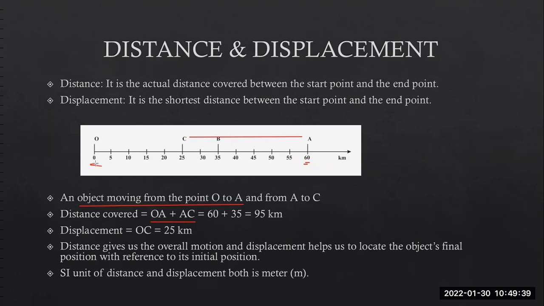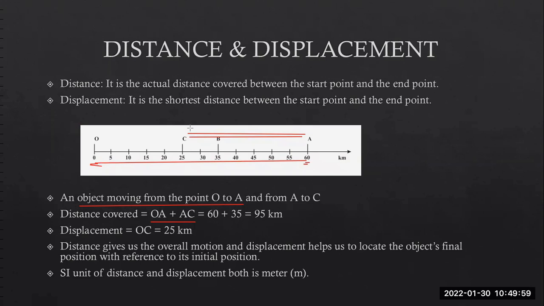First it covers OA, and then from A to C, that is AC. So we add OA plus AC, which comes out to be 60 plus 35, that is 95 kilometers.